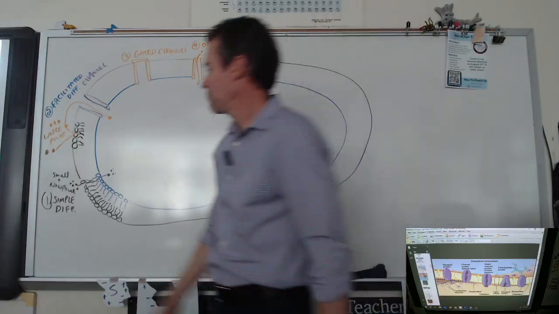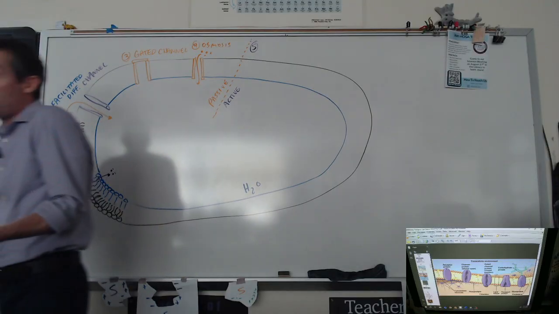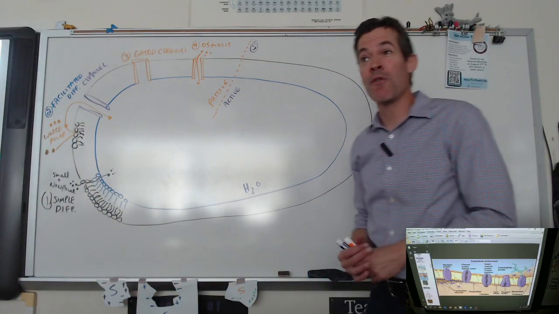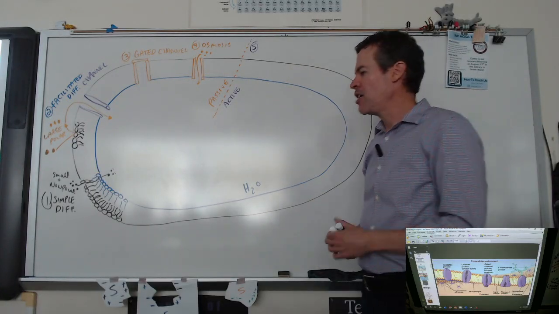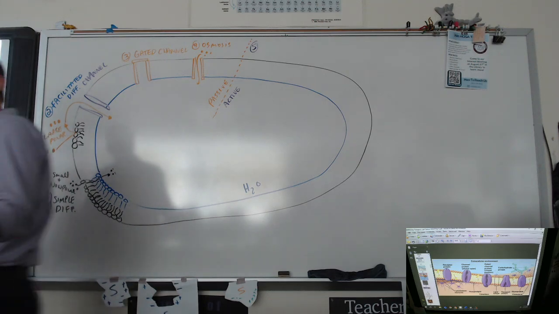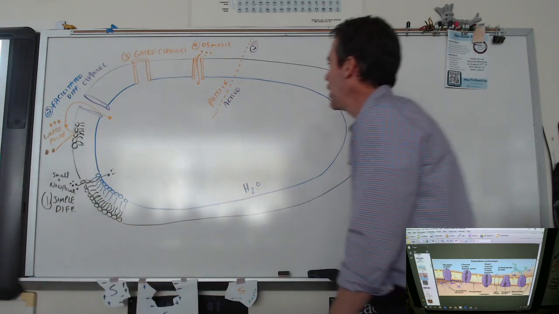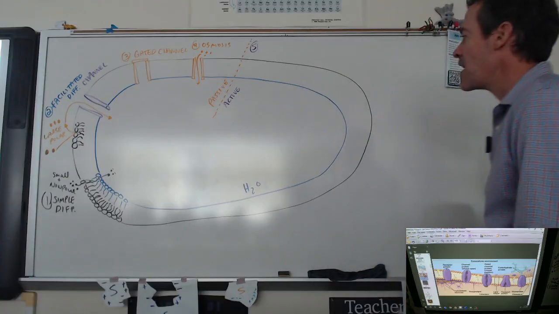This and this and the wireless, the AC that's on, pretty much everything in this building runs on electricity. I don't know of anything in the building that actually runs on gasoline. Maybe we've got some hot water tanks that run on natural gas, but everything else runs on pretty much electricity. Same thing with our cells. Our cells run almost exclusively on ATP.